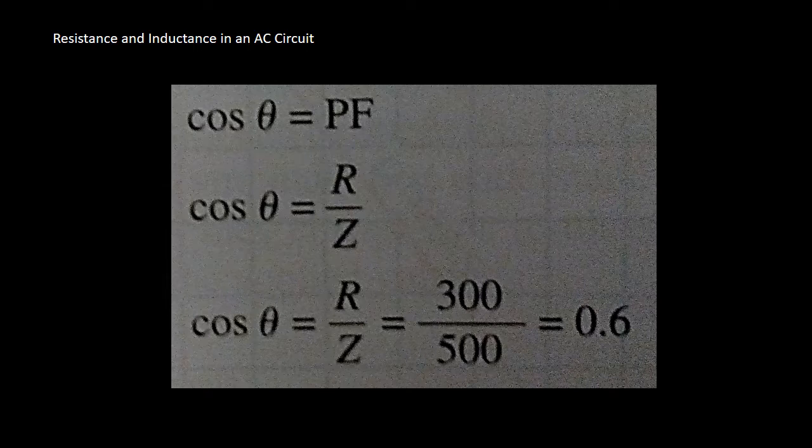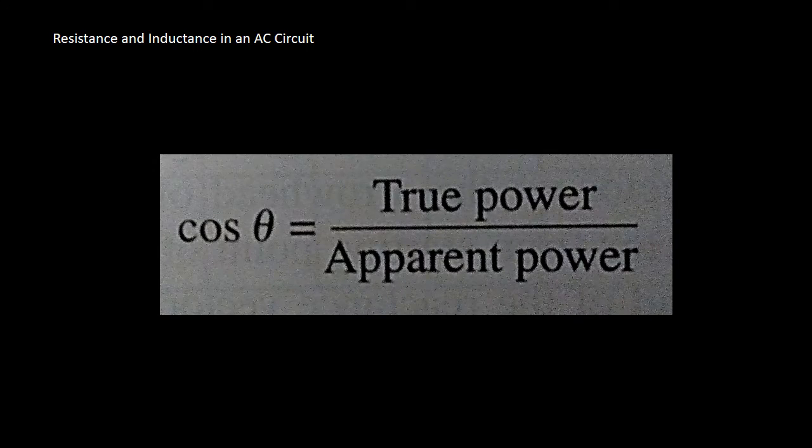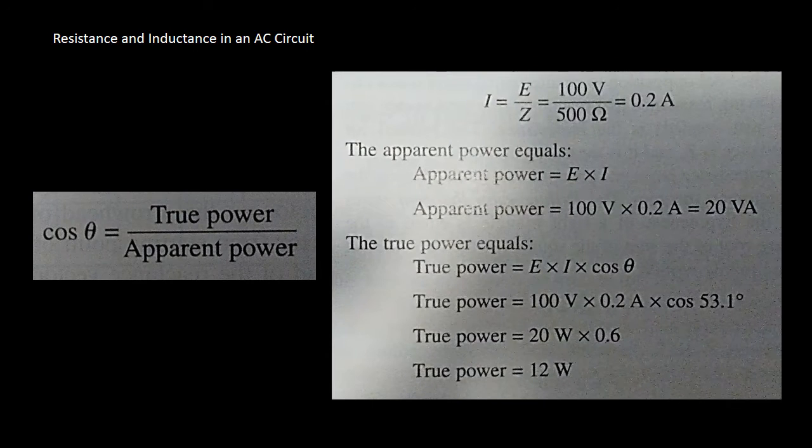The true power in this circuit can now be calculated. The true power equals the apparent power times the power factor, or cosine theta. I equals E divided by Z, which equals 100 volts divided by 500 ohms, which equals 0.2 amps.